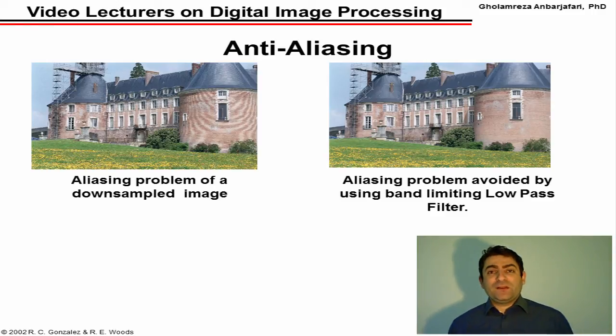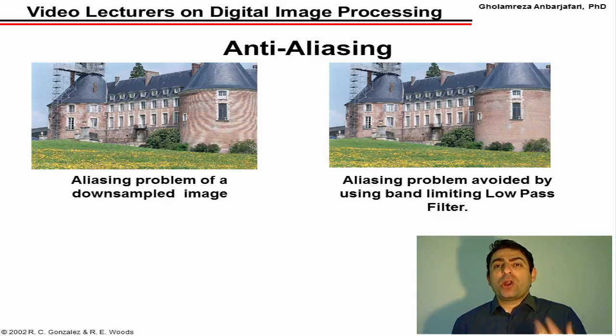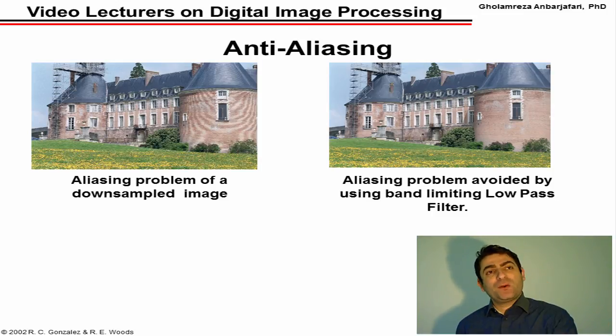So the filter removes high frequencies from the original image, which means it is reducing the bandwidth, and therefore we will have a lower sampling density in the downscaled image. This will help us when we are recording with the camera, and we will have no aliasing.